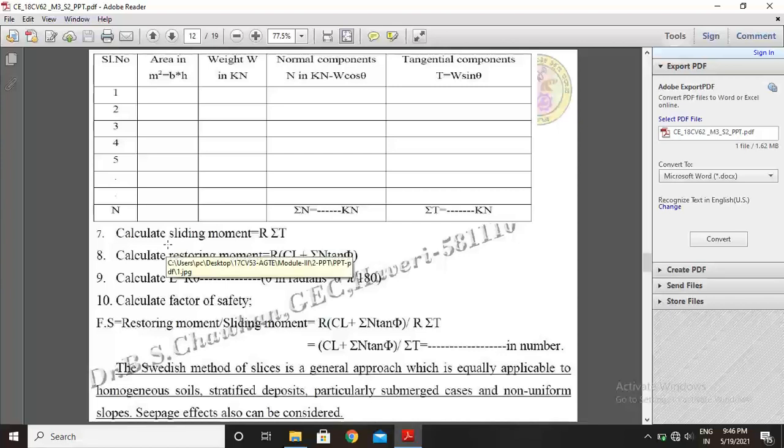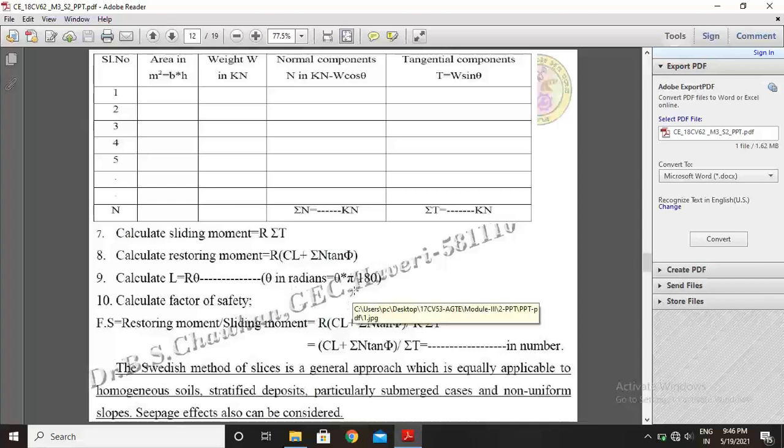Next step, calculate sliding moment, equal to radius into sigma T. Calculate restoring moment, that is R into (C L plus sigma N tan phi). Next step, calculate L equal to R into theta, the length of the arc. Here theta is in radians.